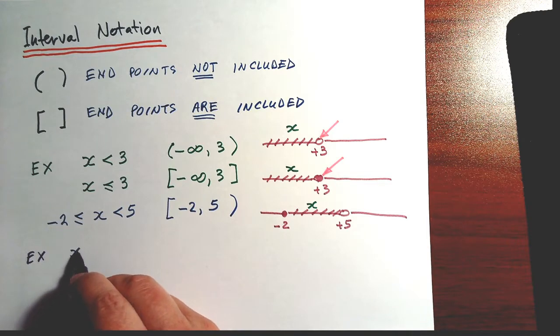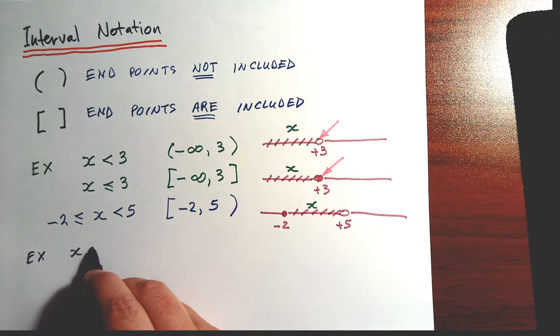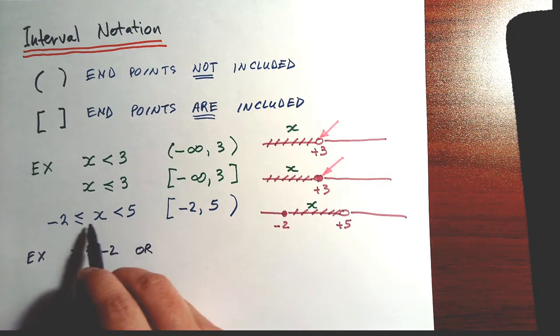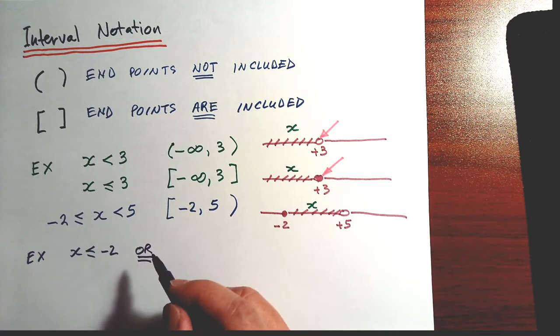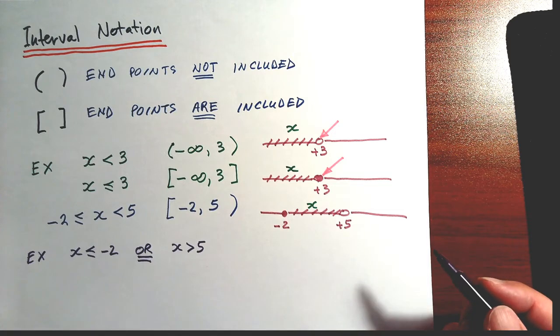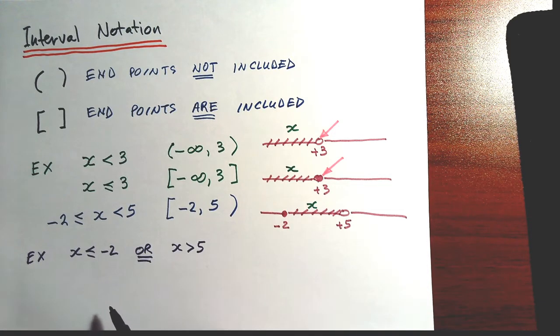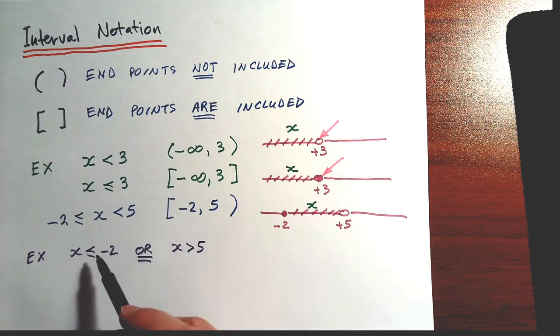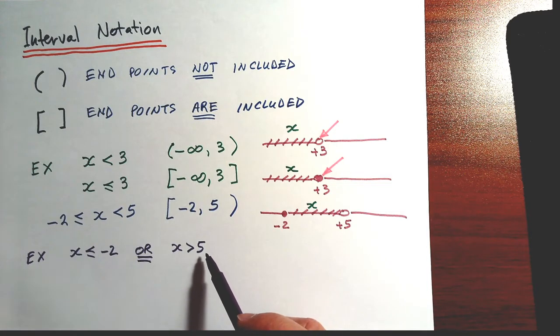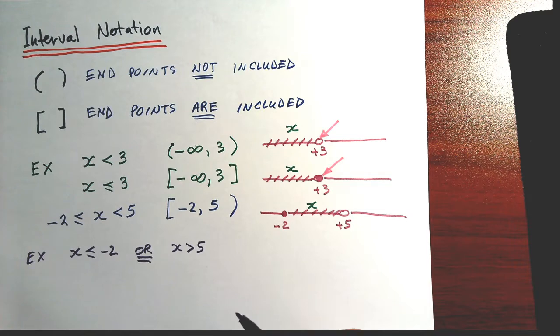When we have x less than or equal to -2, or x greater than 5. Using set notation, I can actually combine the two sets. This is a set of numbers, and this is a set of another series of numbers. Could be an infinite set, of course. So let's look at these two separately, and then we do an or.